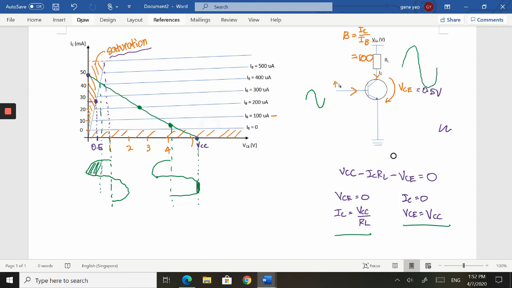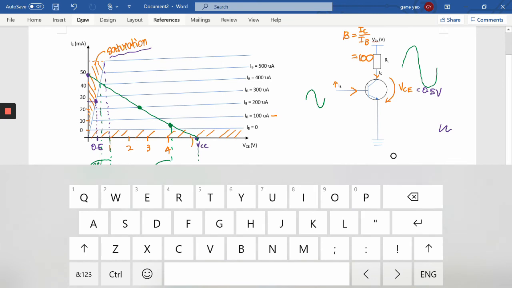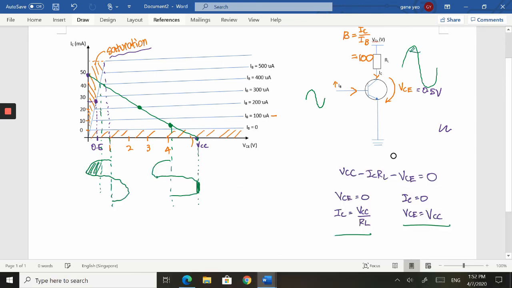Yeah, so I don't want a distorted output signal. I do not want anything cut off here. I do not want anything cut off there. This I do not want. So what I do want is somewhere in the center where the output gives a very nice sine wave like this.